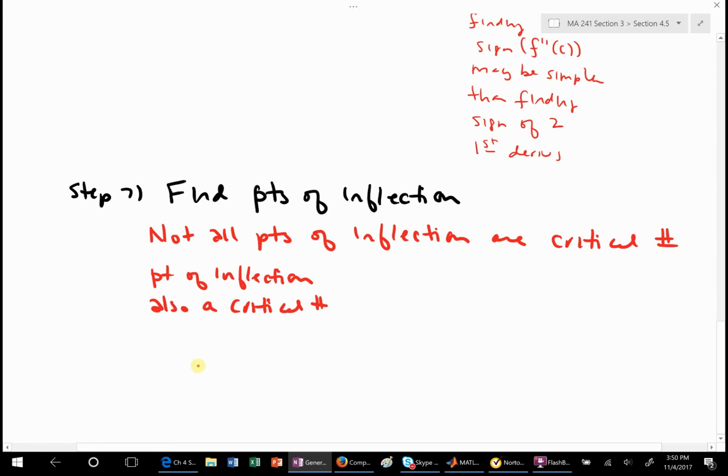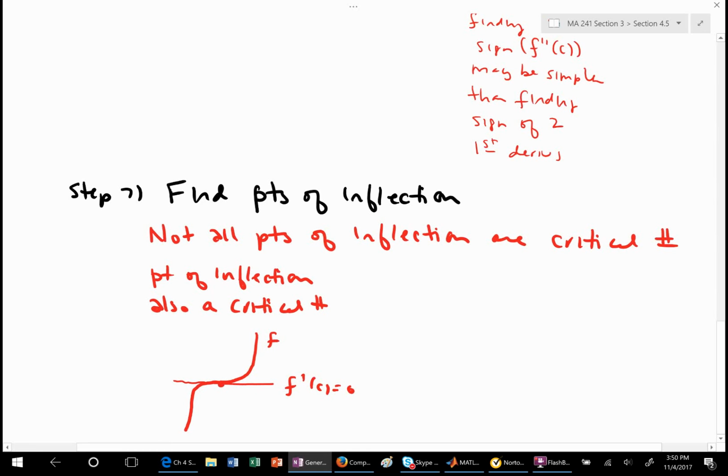I could draw a function that maybe looks like this. This is a point of inflection. Curvature is changing from concave down to concave up. And if I draw a horizontal tangent, it's going to have a slope of 0. So at this number c, f prime of c is equal to 0.